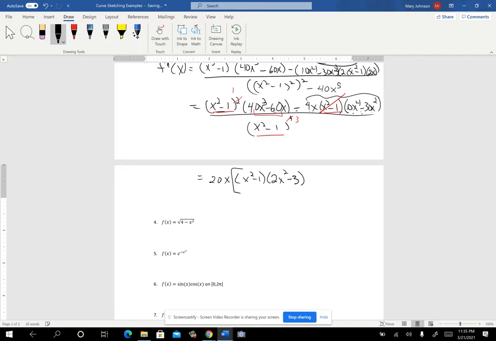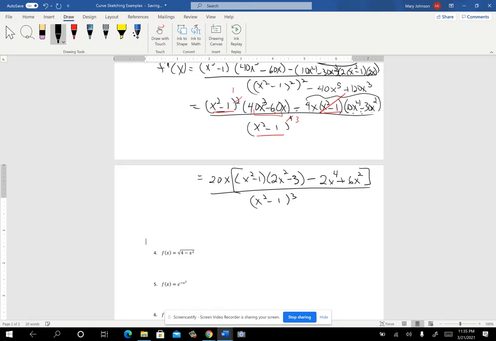And then this negative and that negative would be positive 120x to the third. So when you factor out a 20x out of there, you're going to have minus 2x to the fourth. And then you're going to have plus 6x squared. And then all of that's over the x squared minus 1 to the third.